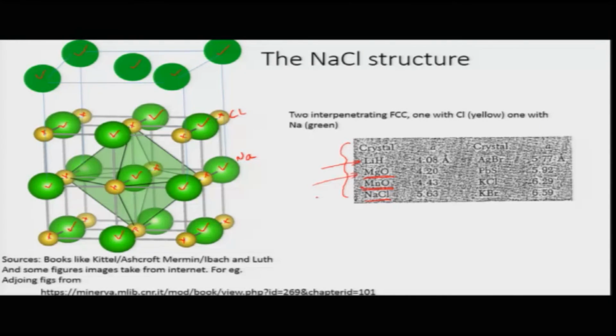So, all of these materials have a structure which is exactly like this. Sodium chloride just defines this type of structure, 2 FCC lattices interpenetrating with each other in this way, but with 2 different atoms on the 2 different FCC lattices. Just like you had the zinc blende structure, here you have the sodium chloride structure which has 2 lattices interpenetrating in a particular way.